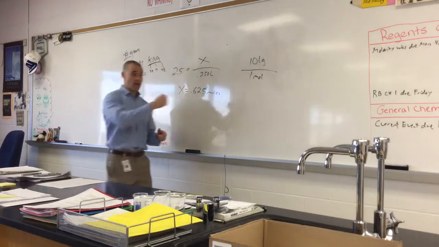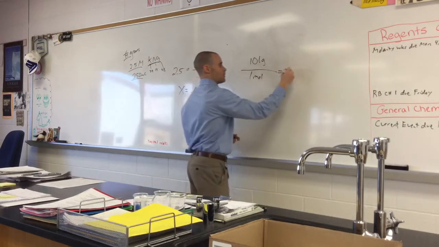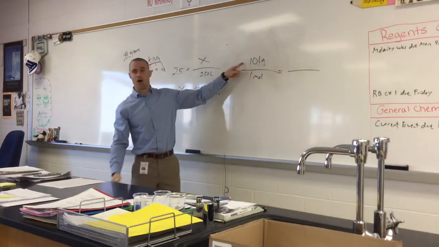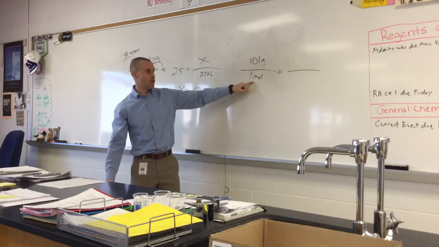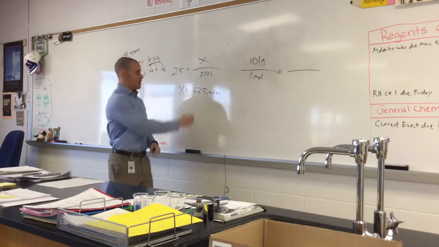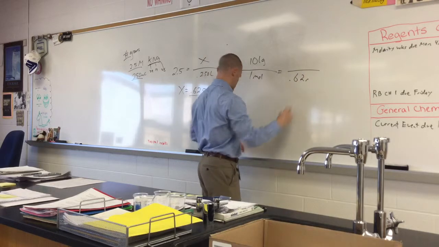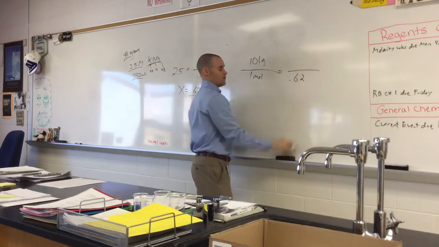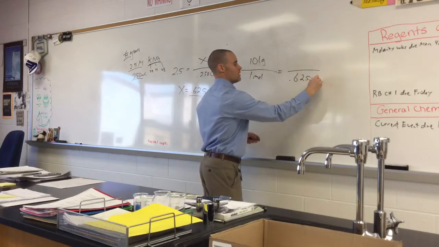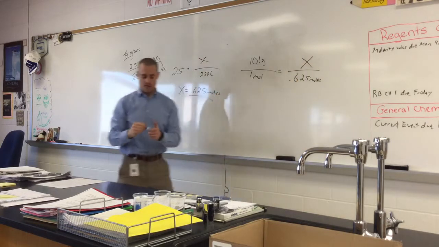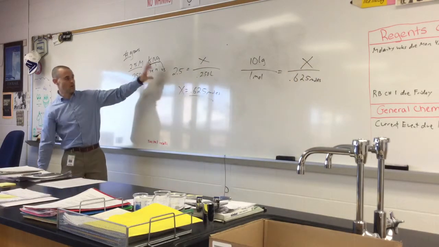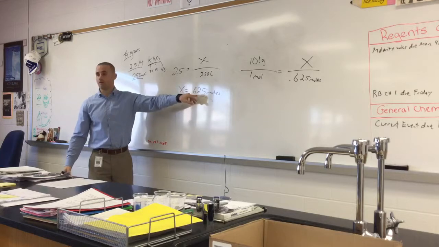What are we going to use that for? Set up a proportion. So 101 is in 1 mole. We have 0.625 moles. How many grams is that equivalent to? So again, we use molarity to solve this to find moles.